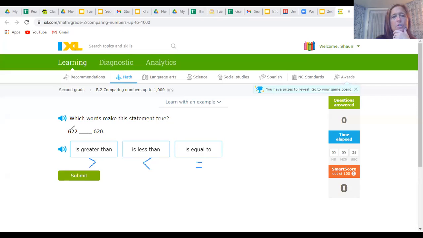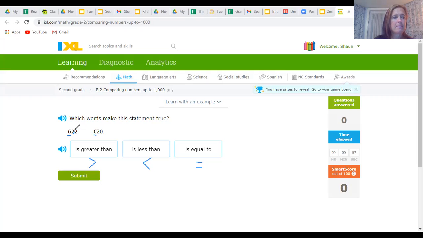Okay, so 622 and 620. What symbol would we put here, or what words would we use? Now, in comparing the numbers, you do want to start with the hundreds place. In these two numbers, they have the same number in the hundreds place, so then we have to go on to the tens place.